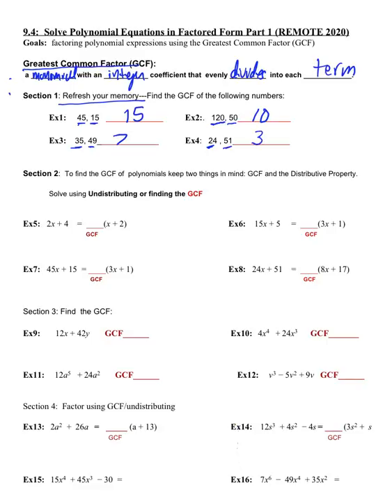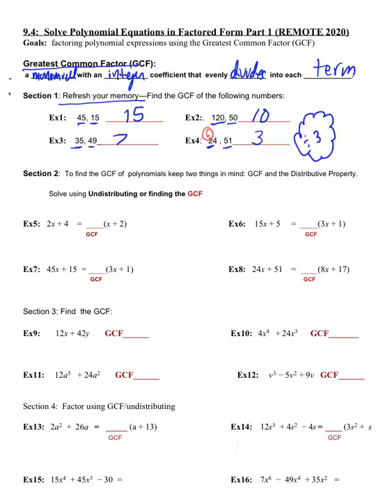All right? And let's just take a little side note and look at the divisibility test for 3. To decide if something is divisible by 3, you add the digits. So 2 plus 4 is 6. All right? So 6 is evenly divisible by 3.